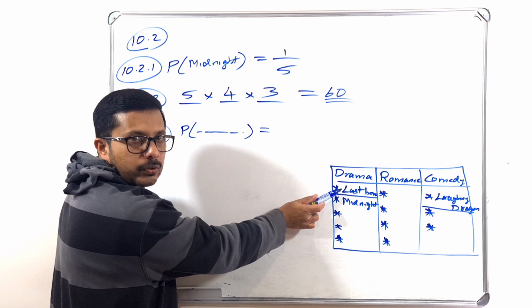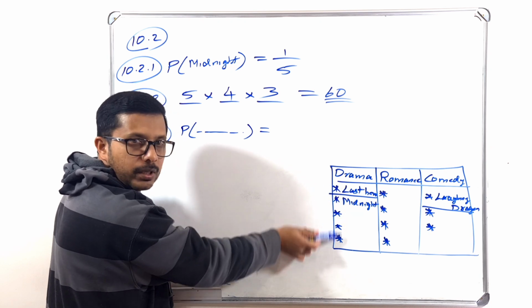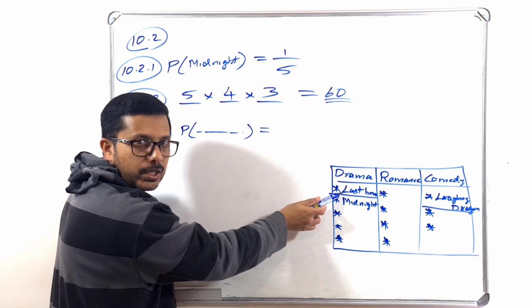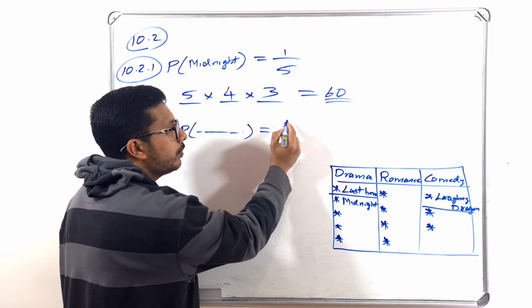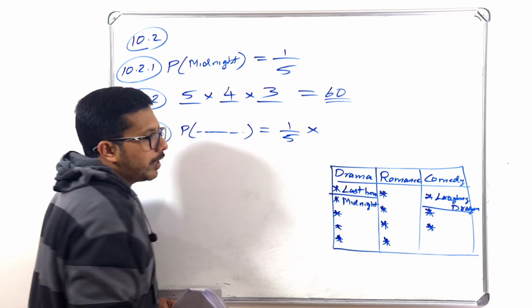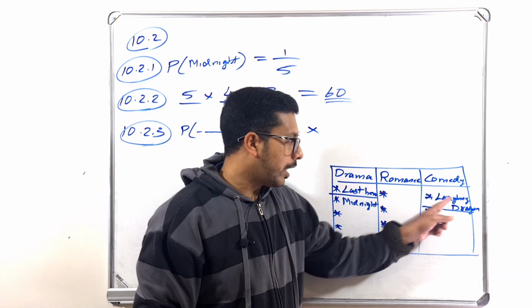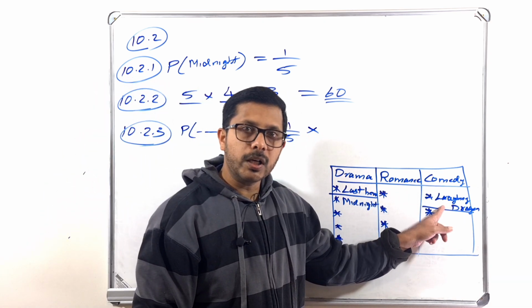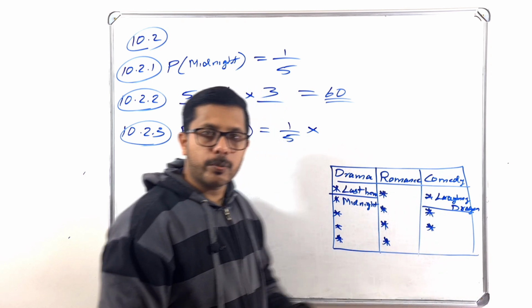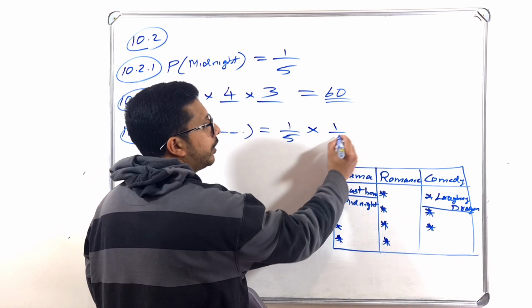What is the probability to get the Last Hero? How many drama items are there? 5. So out of that 5, one item Last Hero, that is 1. So 1 over 5, times, what is the probability to get a comedy, this Laughing Dragon? That is one item from how many options? 3 options. So the probability there is 1 over 3.